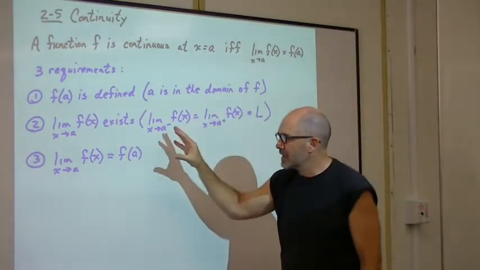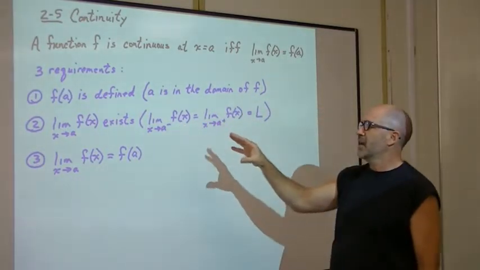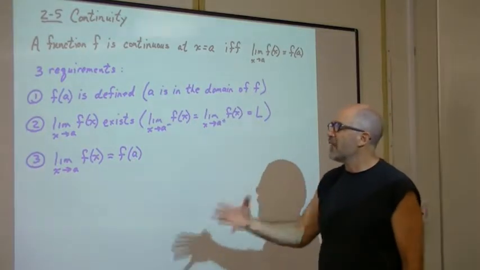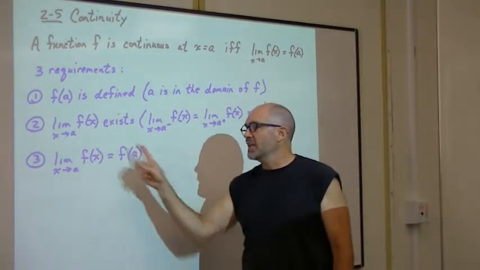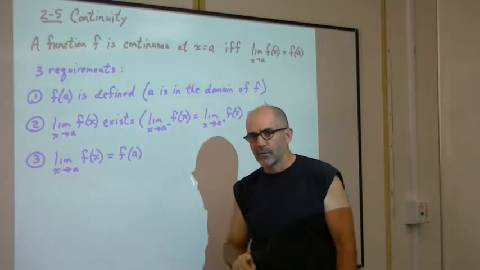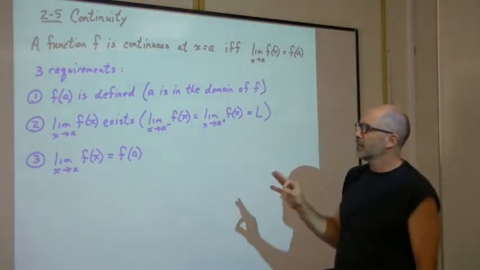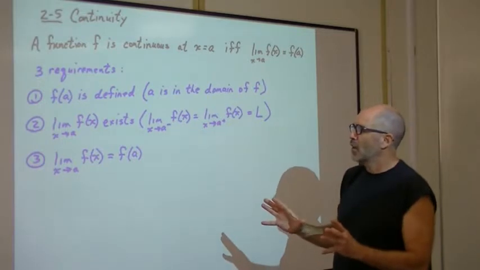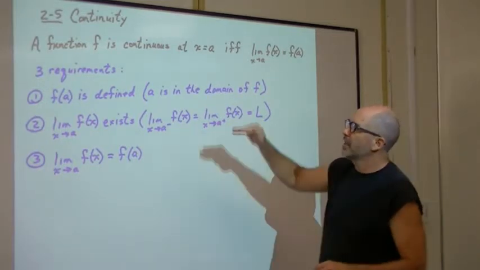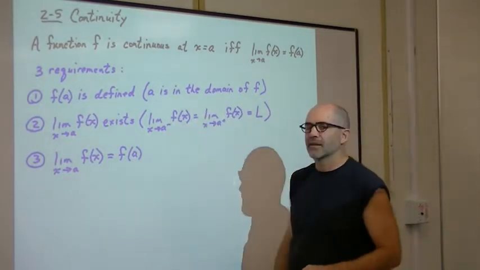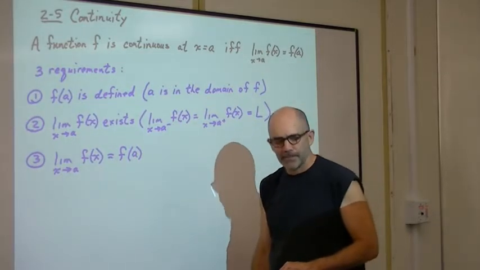The limit as x approaches a of f of x must exist. And then finally, those two things have to equal each other. Okay, now, let's look at 3 situations where we have discontinuity because one or more of these are violated.